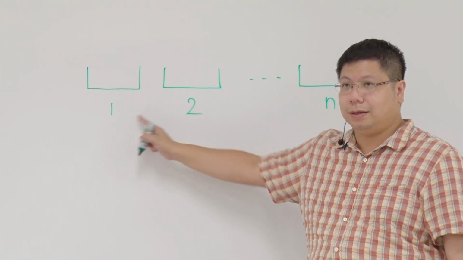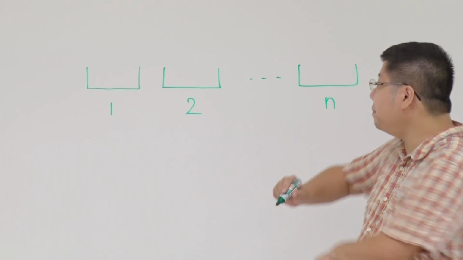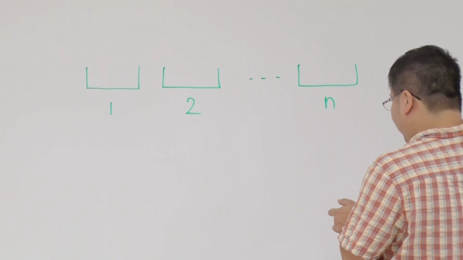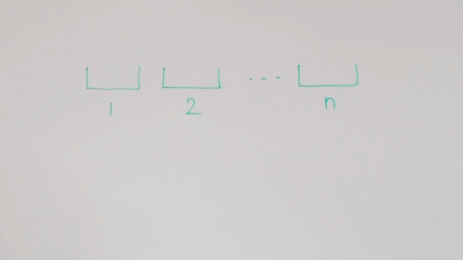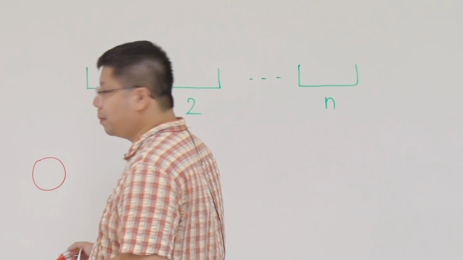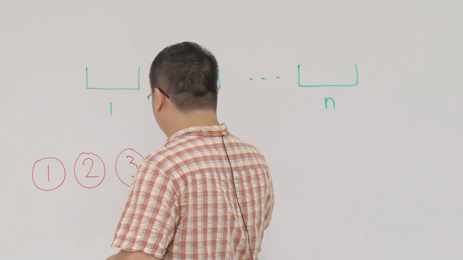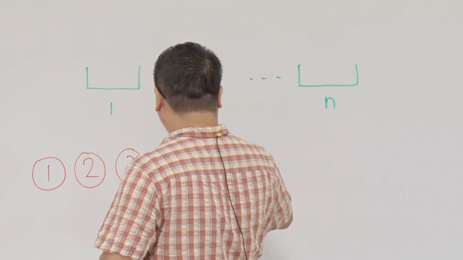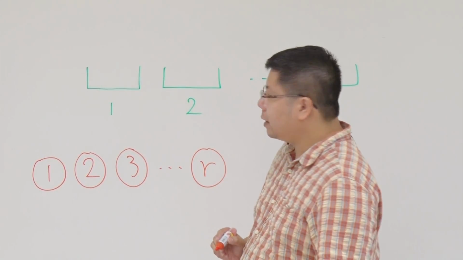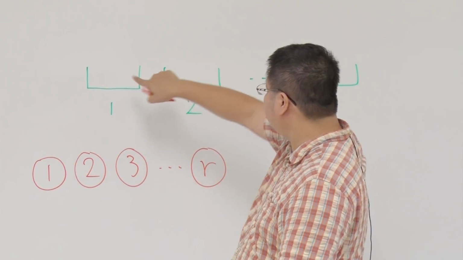All the boxes are different, and there are n of them. And then we have R balls to put inside. The balls are 1, 2, 3, up to R balls. And then we can put the balls inside these boxes.